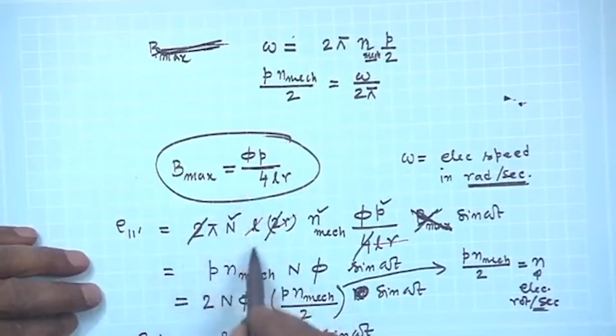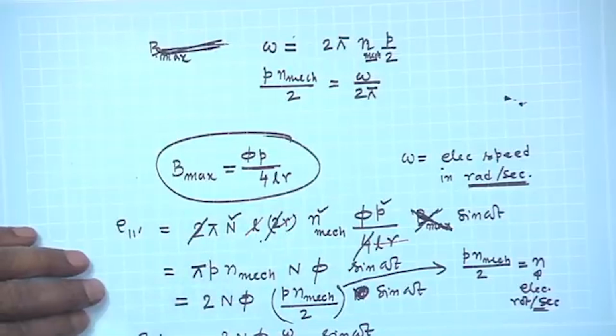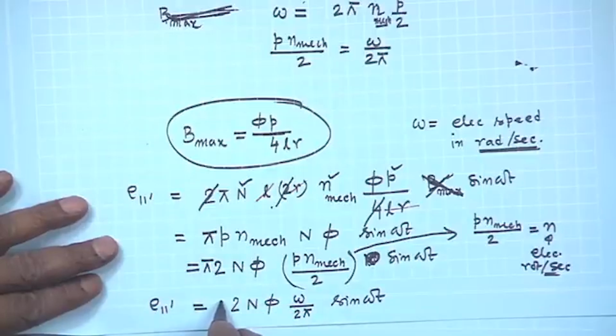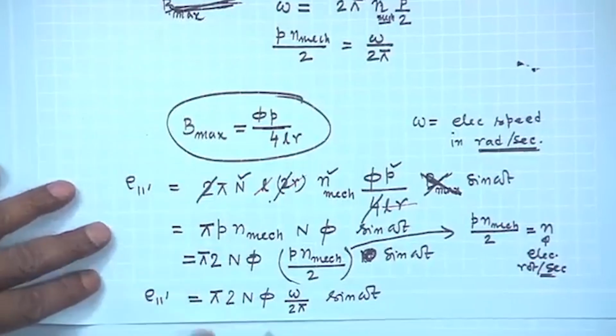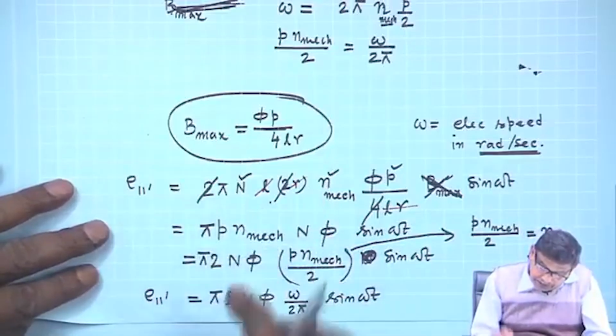Second line here, this. Oh, there was a pi here, is it? I missed one pi here. There was a pi here, correct? So, there was a pi here and there was a pi here. Now, I am happy. Okay. So, I missed some pi, as you can see from this step to this step.